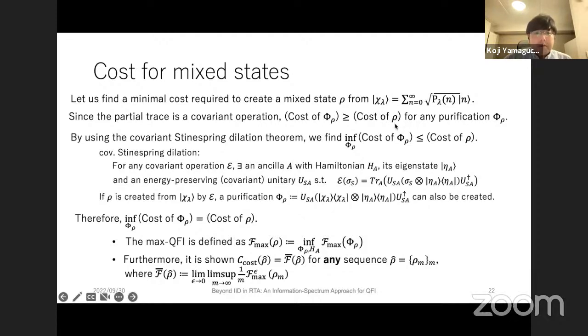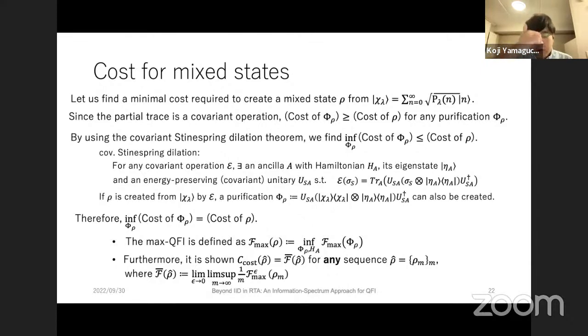And furthermore, by using the covariant Stein-Spring dilation theorem, we can show that the infimum of the cost of creating the purification of rho is less than or equal to the cost of the state rho. I will skip the detail here, but what is important is that based on this result, we see that the cost of creating rho is equal to the minimum cost of creating the purification of that state.